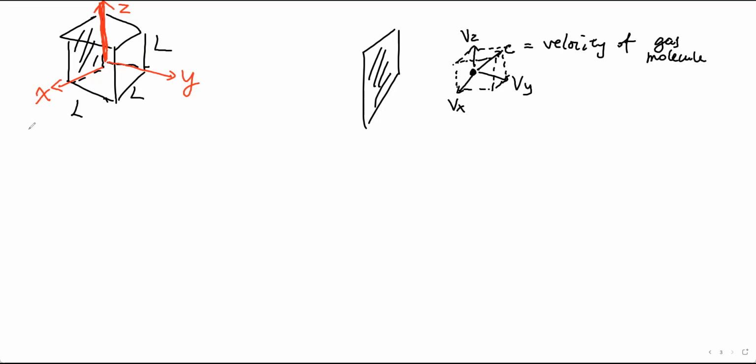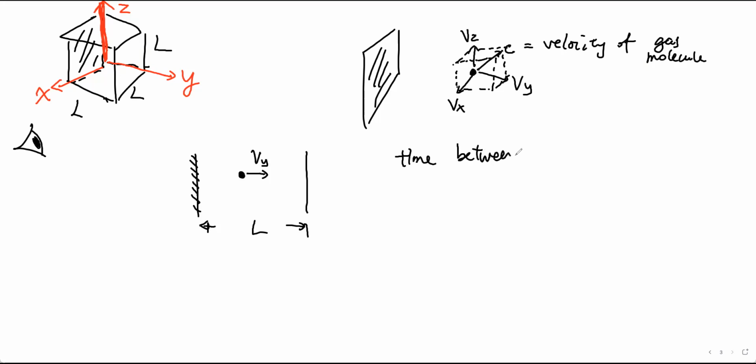Now we take a look from this side to make it easier. So this is the shaded wall. We just look at the velocity along the y-axis. So this length is L. What is the time between collisions? What is the distance traveled between collisions along the y-axis?